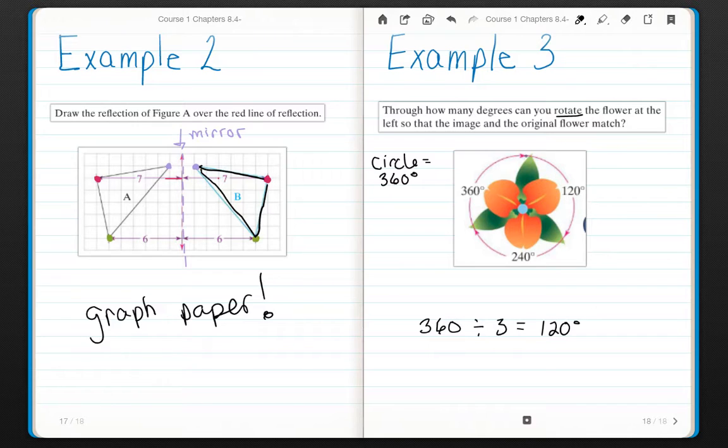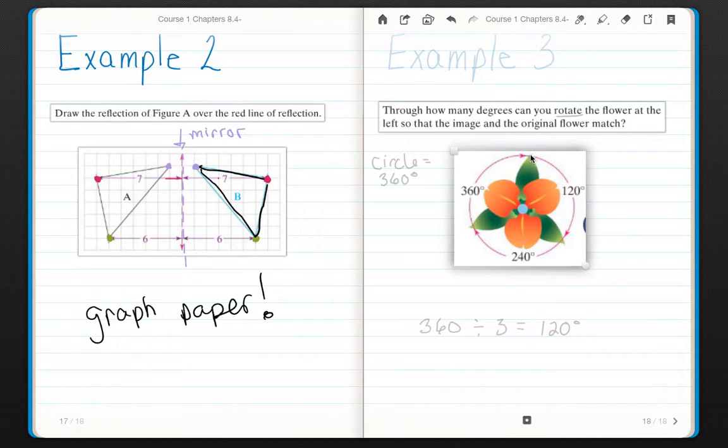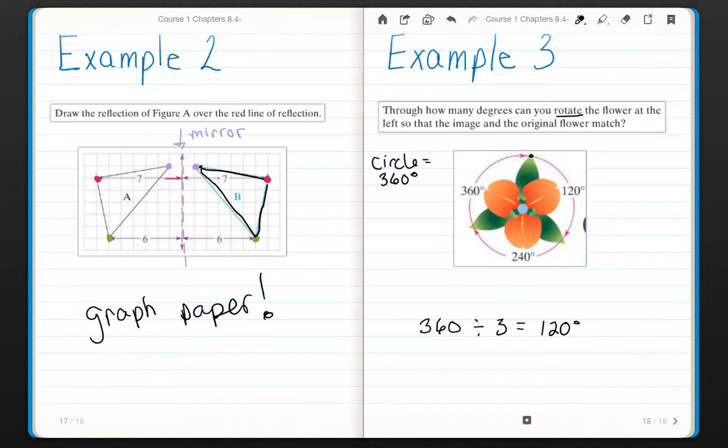So if I take this leaf here and rotate it 120 degrees, so that the point of that leaf is right where the point of this one is, I've made one rotation of 120 degrees, and my image, the copy, will exactly fit on top of this original.